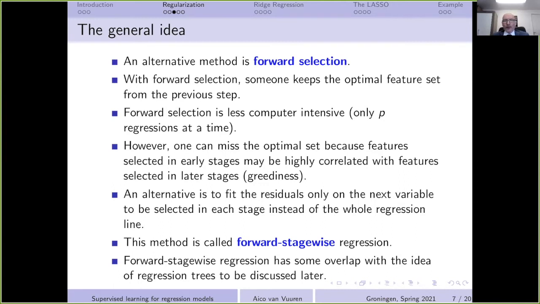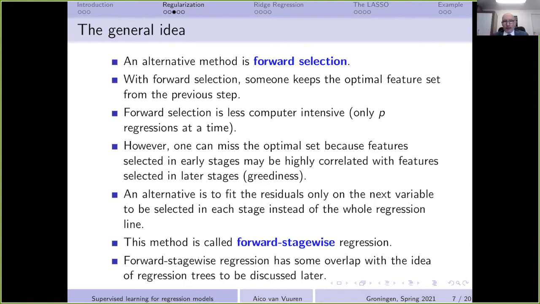The good thing with fitting the residuals is that, at the moment that you fit the residuals, you cannot do that on the regressors that you have already included. You can only do that on the regressors that you're going to include. And that means that the only thing that you then have to do is one regression at a time with respect to the residuals, with respect to just one regressor.